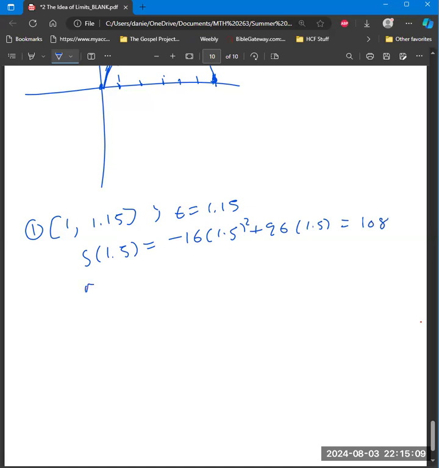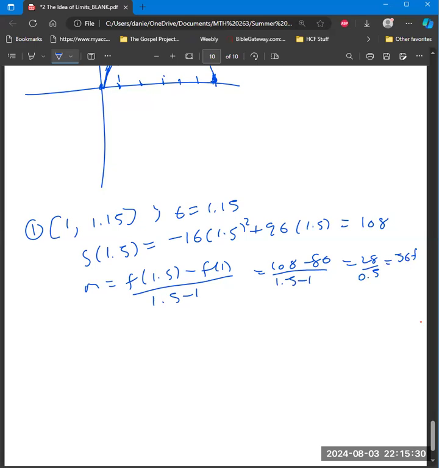So my m is going to be equal to f of 1.5 minus f of 1 over 1.5 minus 1, which is 108 minus 80 over 1.5 minus 1, which is 28 over 0.5, which is 56, and these are feet per second.